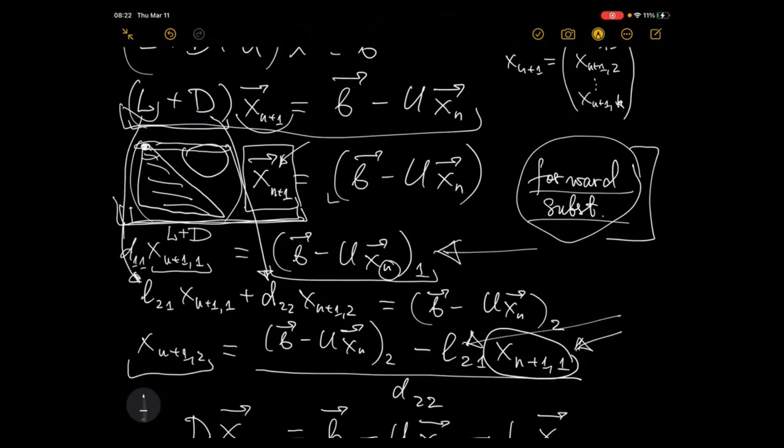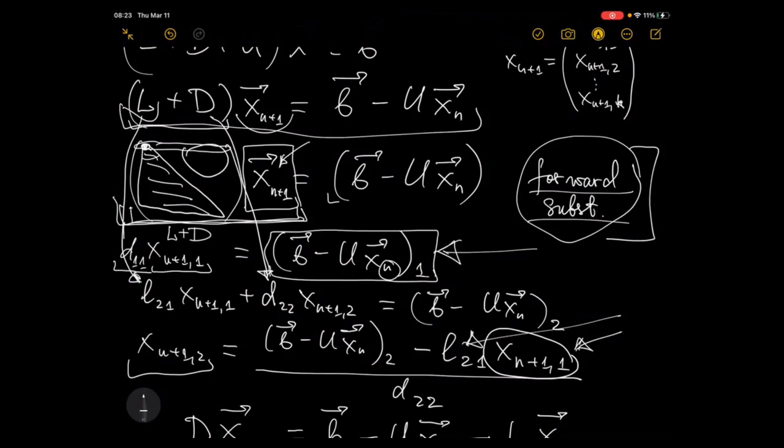Because what does it mean that vectors are equal to each other? It means that all corresponding components of the vectors are equal. So here we have d11 on x_{n+1,1}, and here we have just the first component of the right-hand side. Is it clear or not?